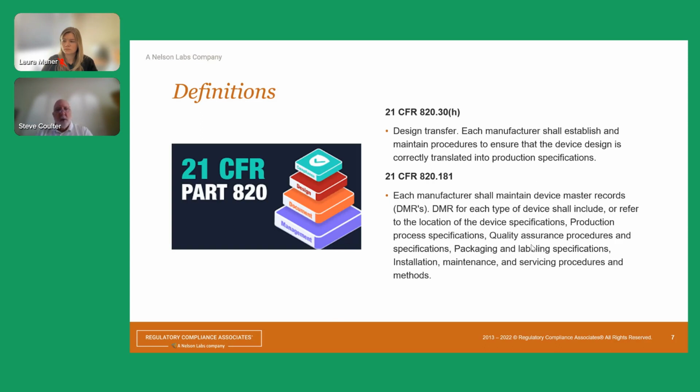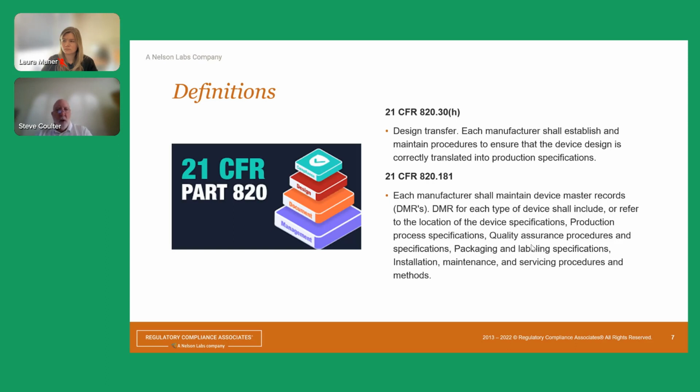And then one step lower on that is going to be 820.30, which are your design controls for medical devices. And then one of the clauses in 820.30 is clause H on design transfer. And all it says is you have to do design transfer. It's real simple.